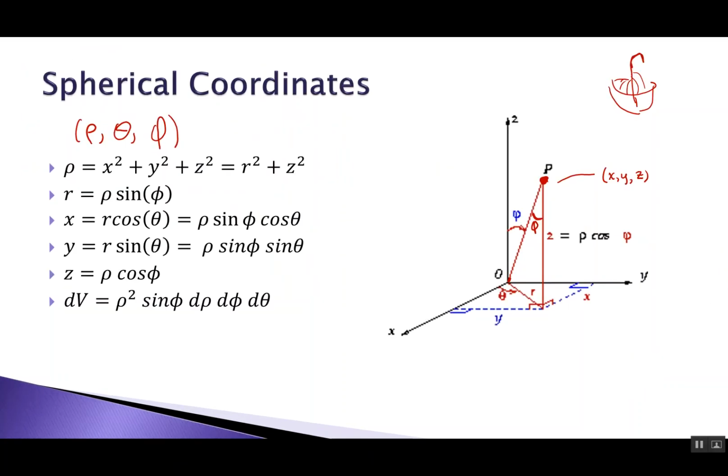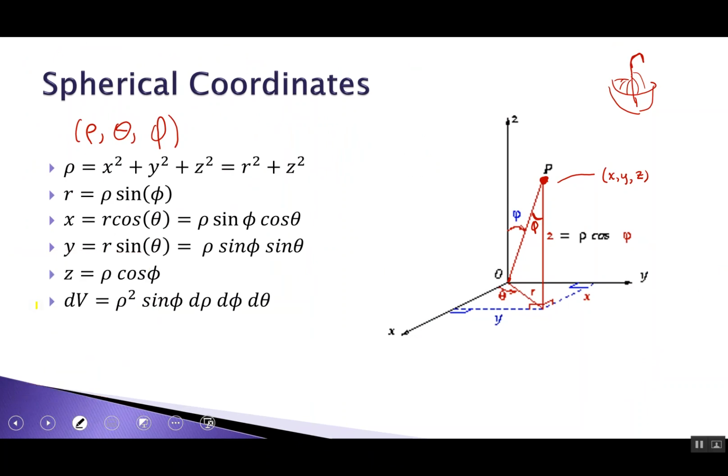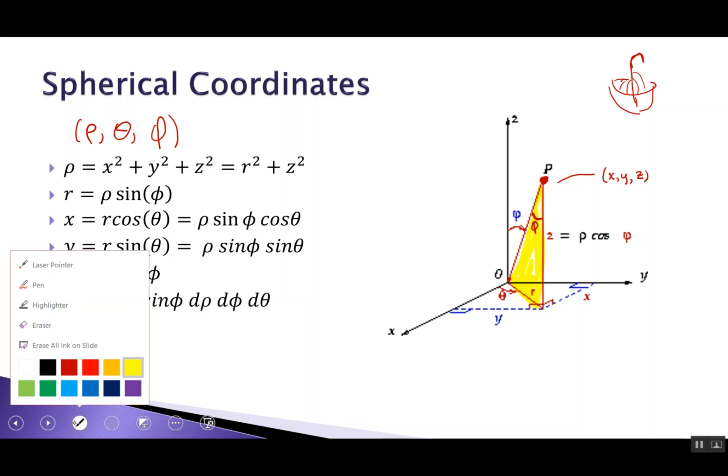And then to find your coordinates here, you can memorize these, but I really want to show you how this comes about, because if you know how this works, these are really easy to find. This triangle, it's hard to see, but it's sticking out toward you. The base of that triangle is in the xy plane.